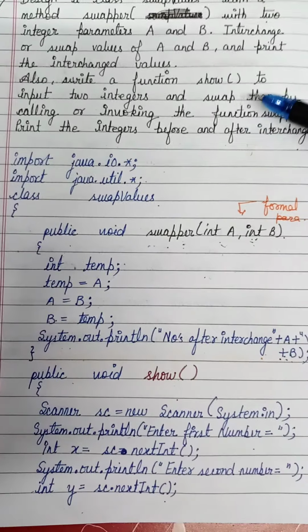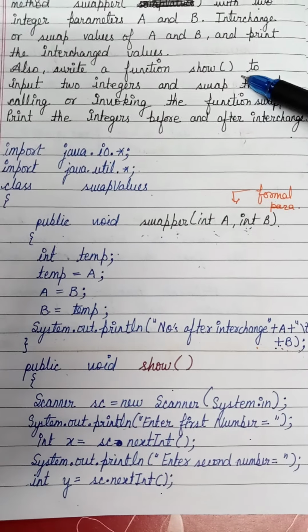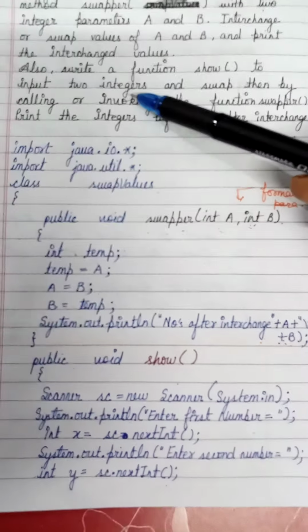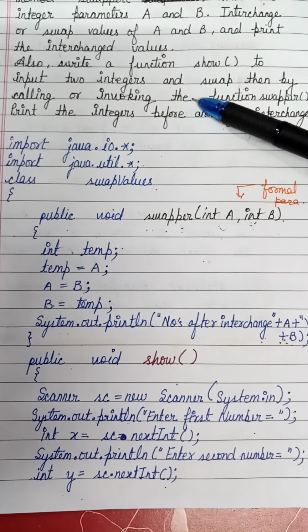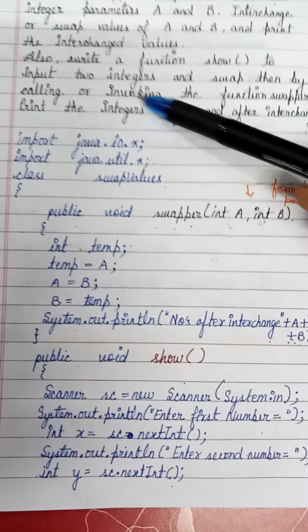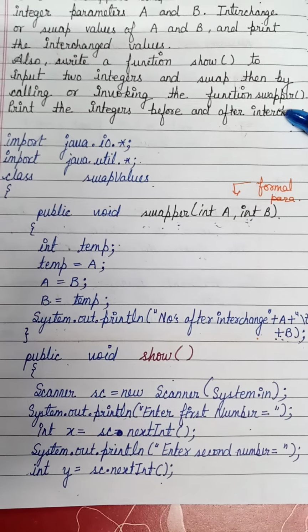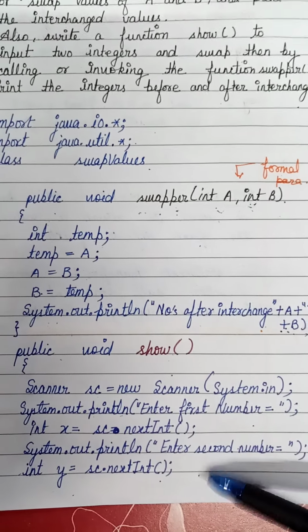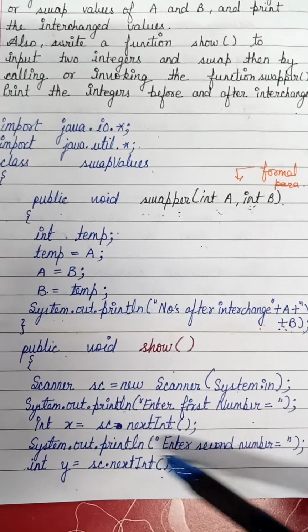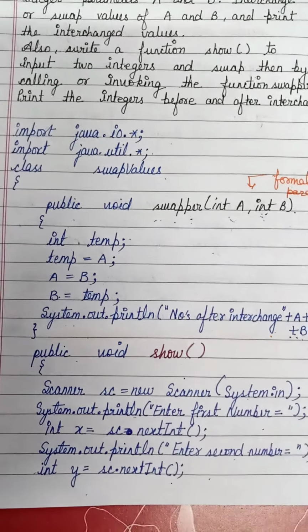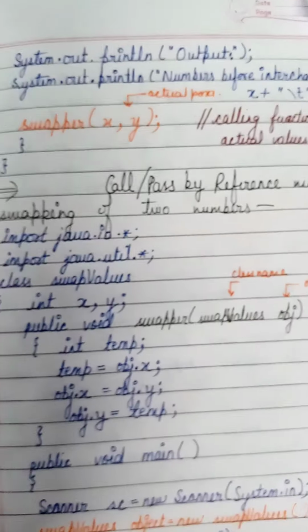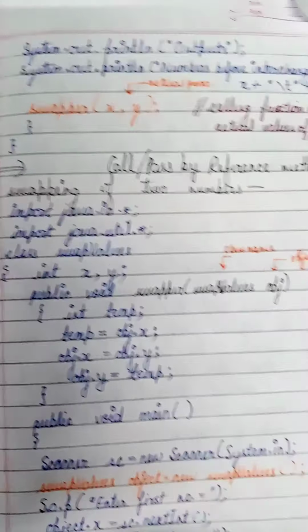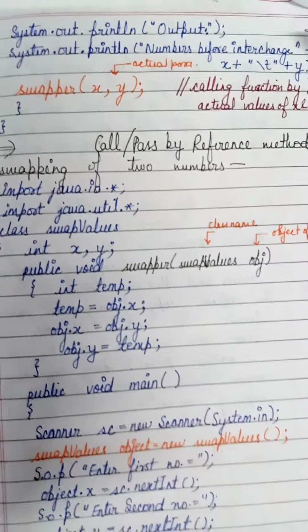As given in the question, in function show you have to input two integers, and you have to invoke or call the function swapper. So this is the code to input two integers, first number within x, second number within y. Now these were the actual values, the original data.